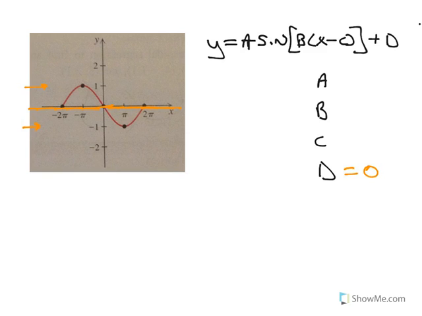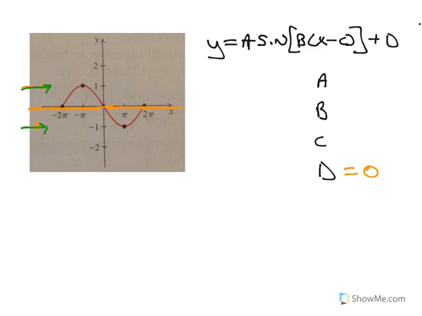And your amplitude, so if we're looking at this as a sine wave, it goes as high as 1 and as low as -1, and that's the normal amplitude for a parent function, or a fundamental parent cycle of your sine wave.